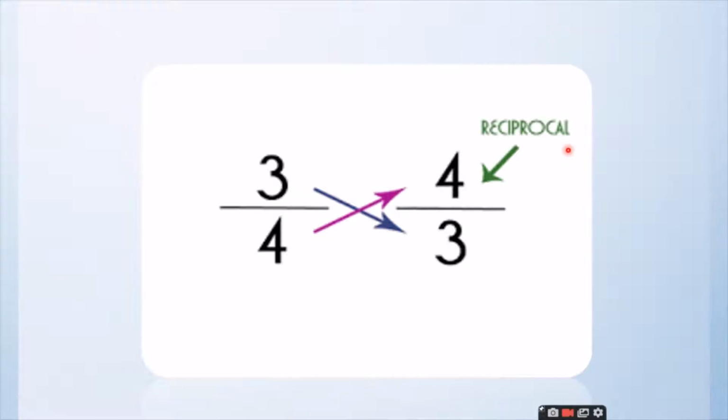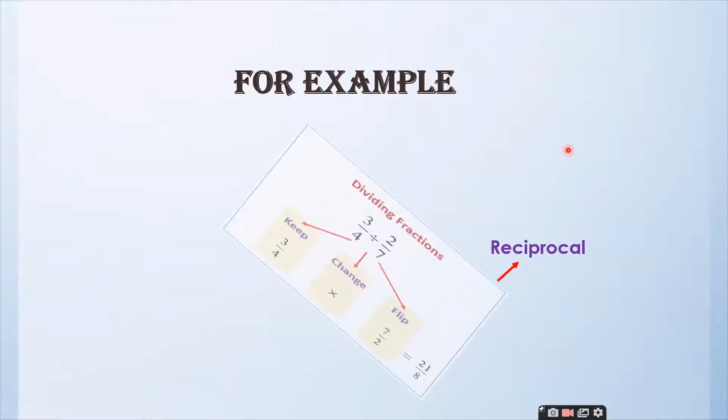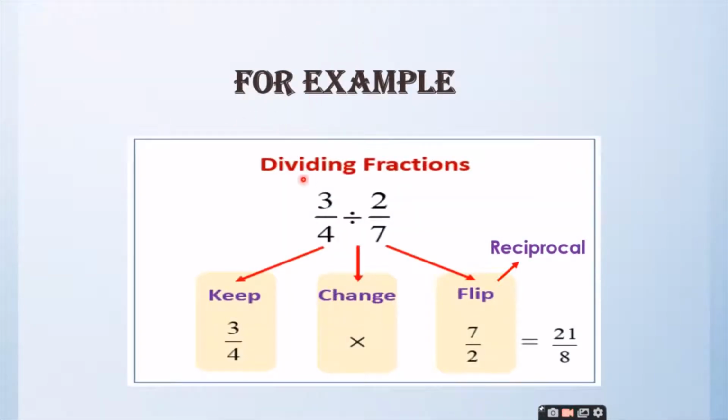Now let's look at an example of the 3 steps. We have to divide 3 upon 4 divided by 2 upon 7. The first step is keep the first fraction the same, so we write the first fraction 3 upon 4 as it is.